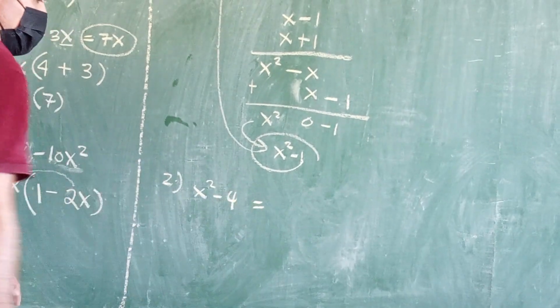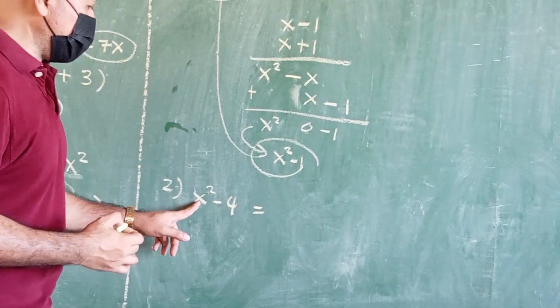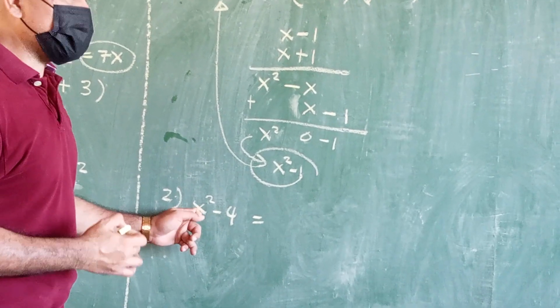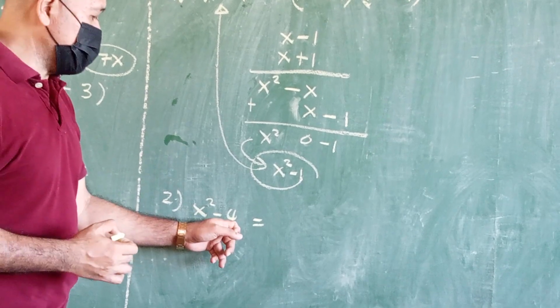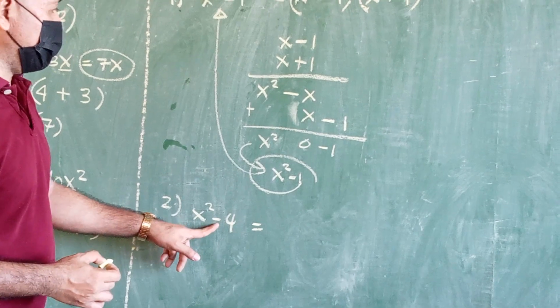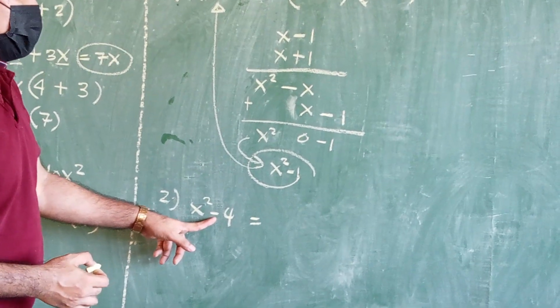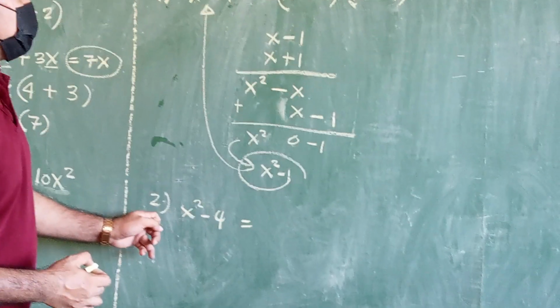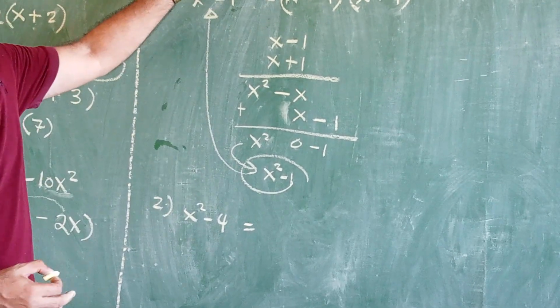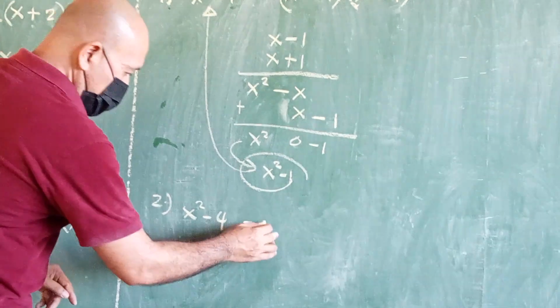Again, always compare the first term and the second term. If the first term is a perfect square and the second term is also a perfect square, and their operation is minus, you can conclude that the given is factorable under difference of two squares.